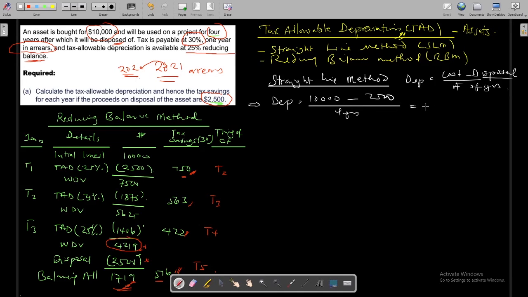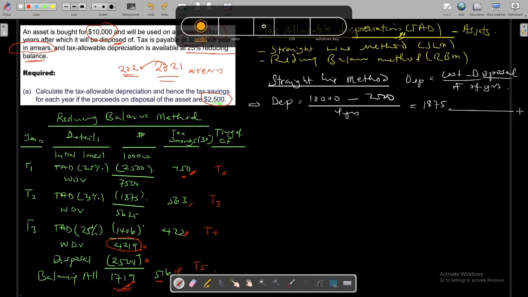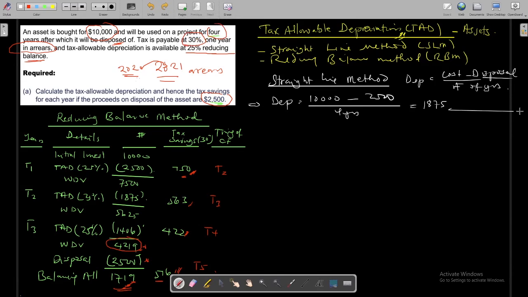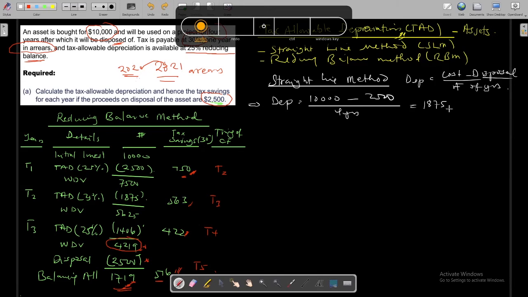This gives us 7,500 divided by 4, which is $1,875. So every year the tax allowable depreciation is 1,875.